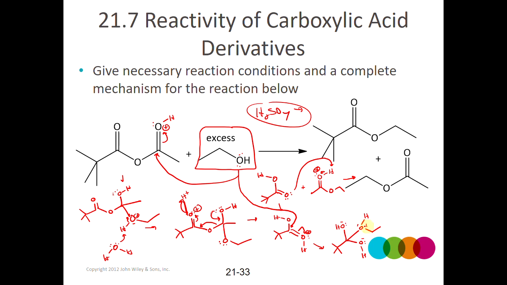So now I've got a positive here. So now there are going to be some proton transfers. I don't have space for all the steps, unfortunately, but you want to imagine another molecule of ethanol picking off this proton here. So these electrons will stay behind and neutralize that.